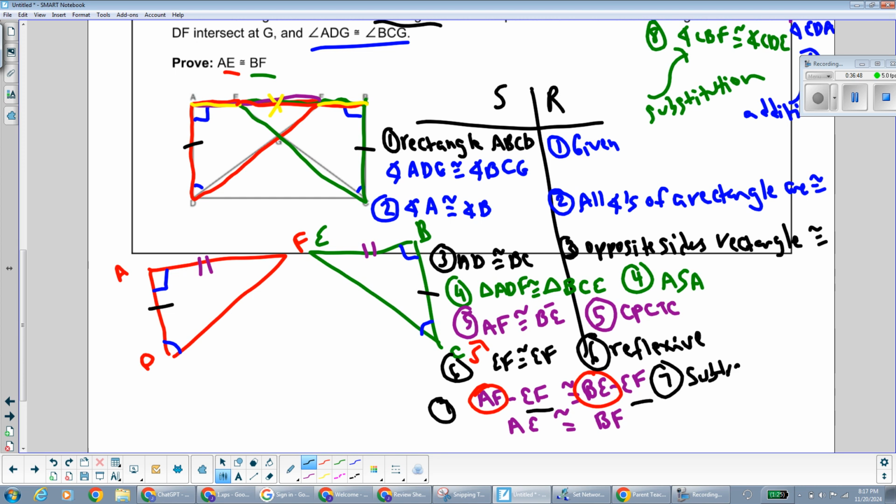So this is subtraction. And then we have our substitution. Because this minus this is that. AF, take away EF is AE. And this minus this is that. BE, take away EF is BF. So that leaves us over with what we need.